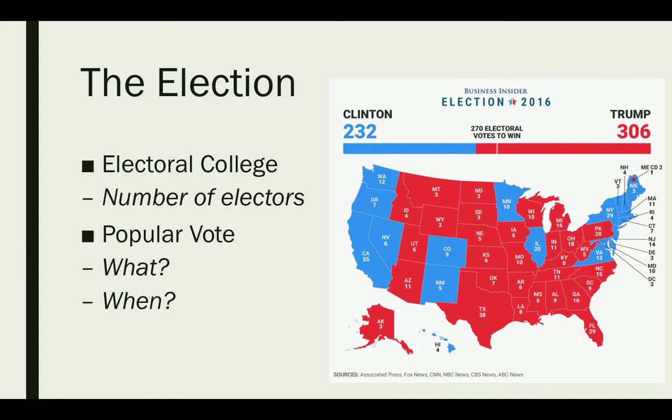The original Constitution didn't even speak to how many terms. It wasn't passed until after Franklin Roosevelt served into a 4th term that we passed the 22nd Amendment that said, okay, we're limiting this, 2 terms for each president.